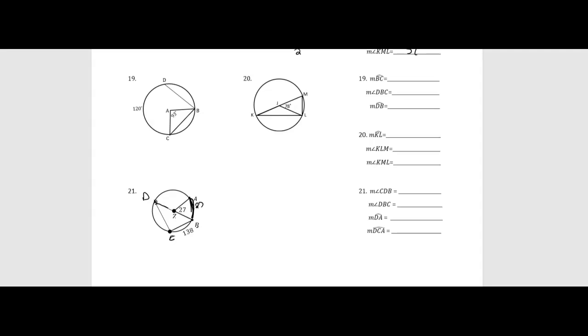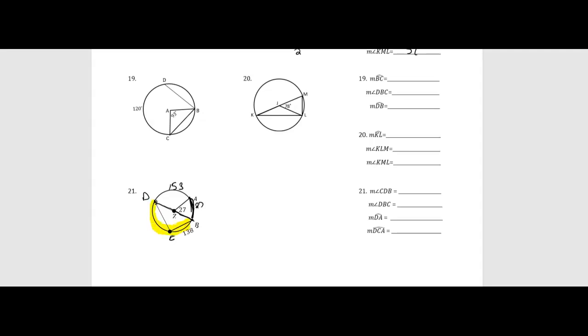D to B is the diameter. The diameter cuts our circle in half, so that means that creates 180 degrees on both sides of it. So if we did 180 minus that 27 degree arc, what that would tell us is this would have to be 153 degrees. And then the same thing on this side.